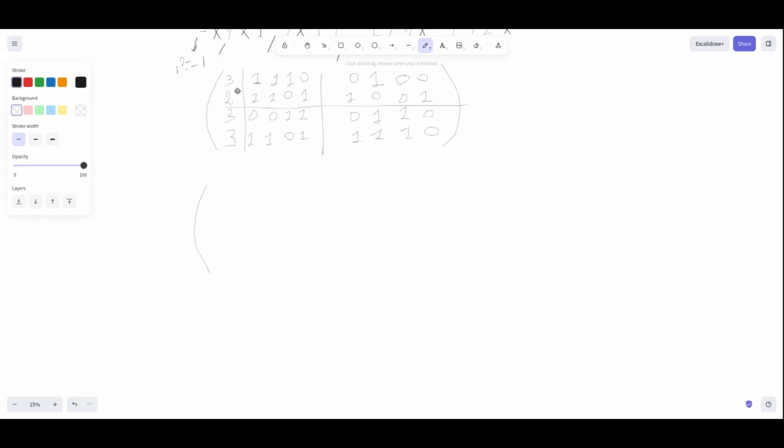Let's begin by maybe doing the addition of the second column and first column into the first one.